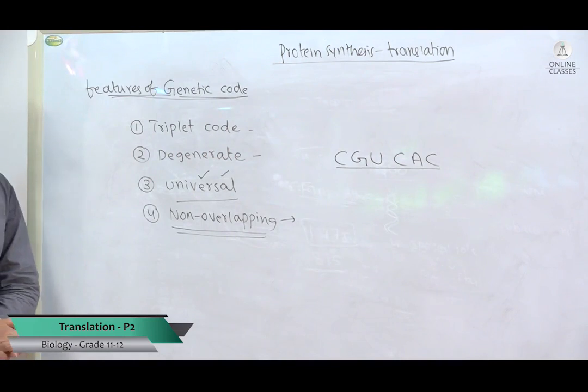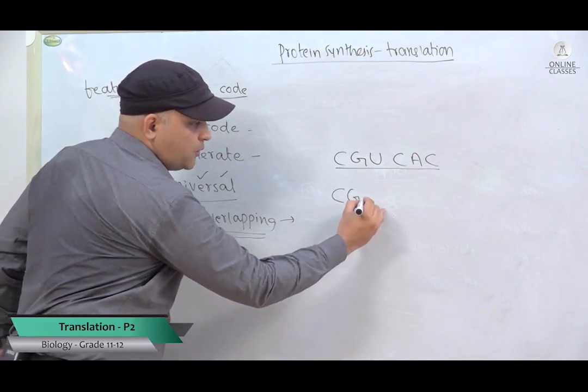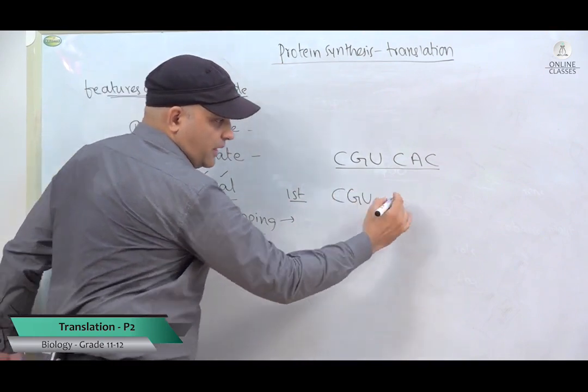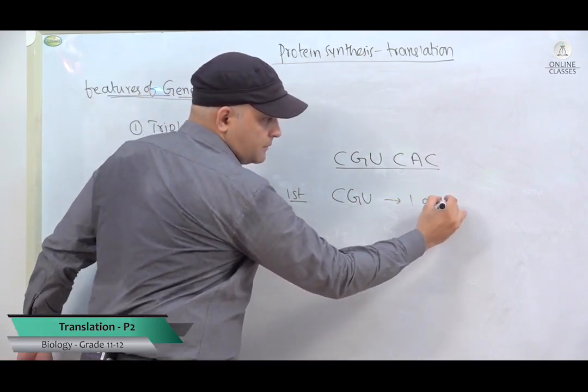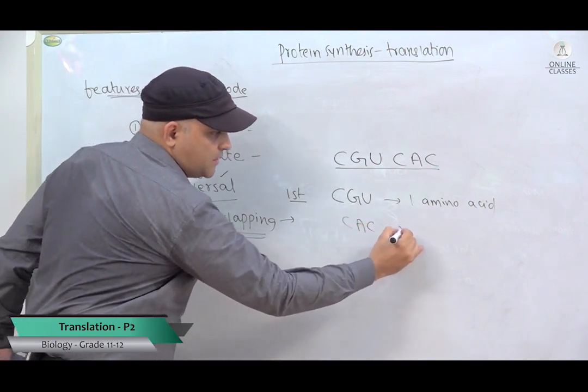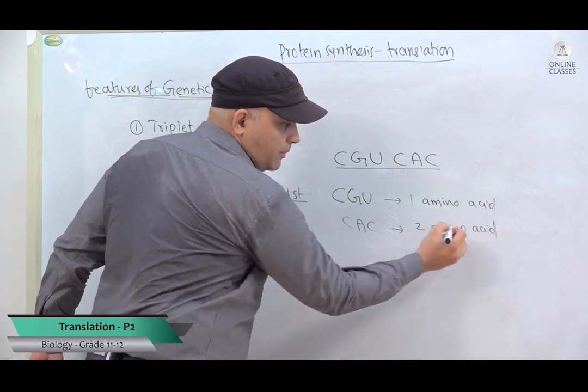How many amino acids will be coded by this sequence? If it's a triplet code, you know very well. You might say, sir, there are only 2 codons in this. The first codon is CGU, that codes for 1 amino acid. The next codon being CAC codes for the second amino acid. So basically this will code for 2 amino acids.